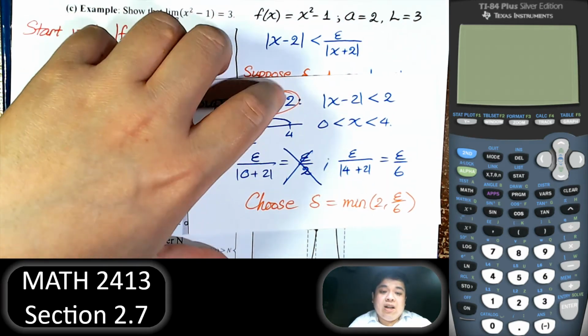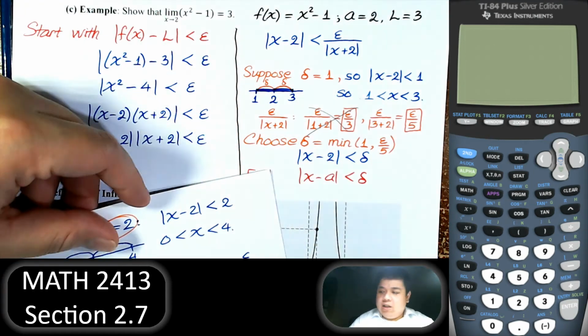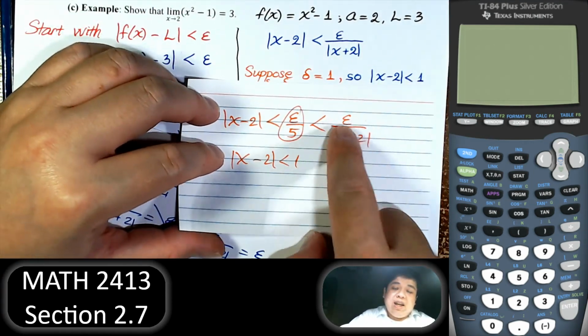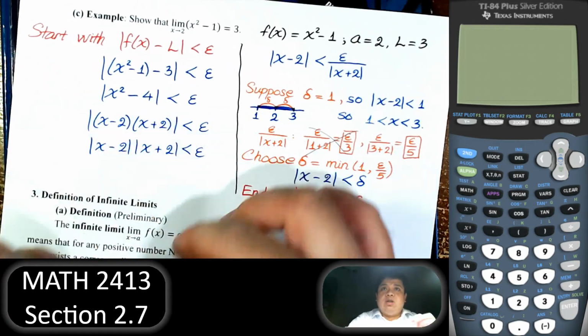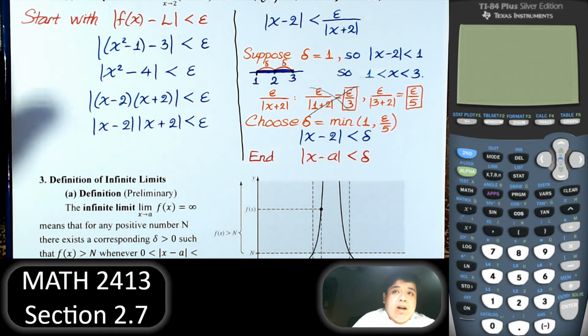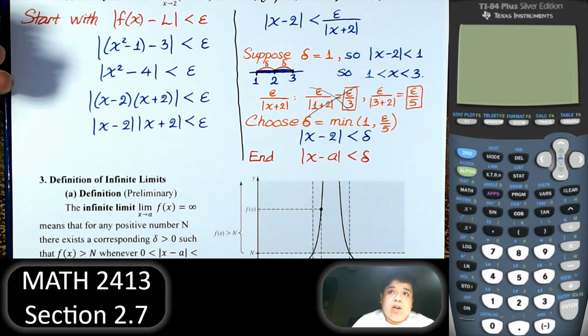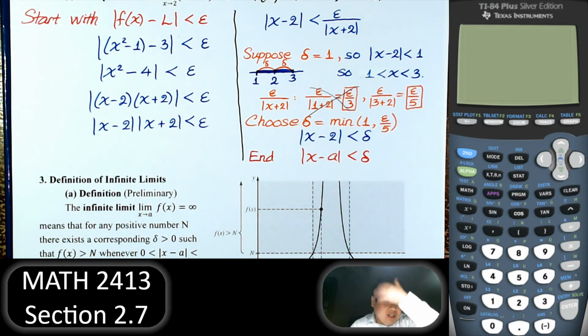That will guarantee it will be less than epsilon divided by x plus 2, and then we can work in reverse and get back to the function. So that is where we have a square function. When we have the cubic function, things would get a little more complicated, but I don't think we get to that complicated.